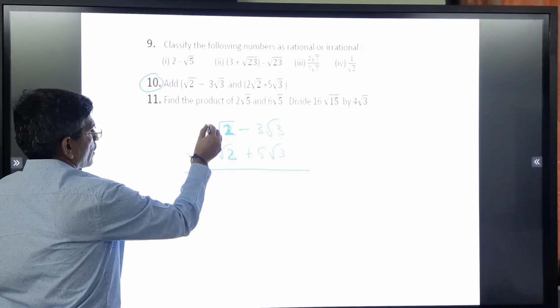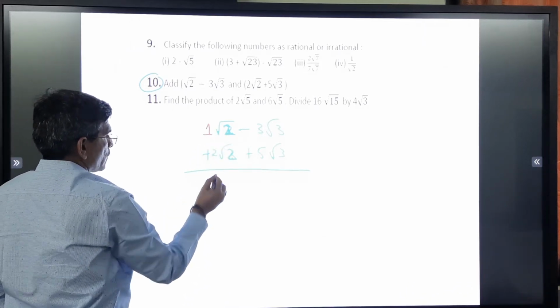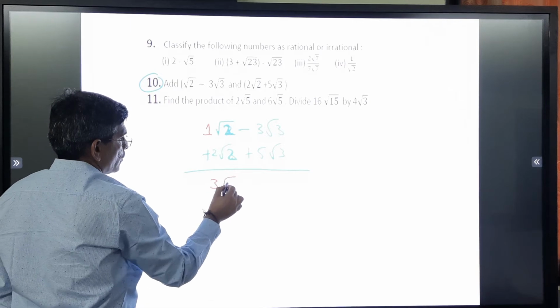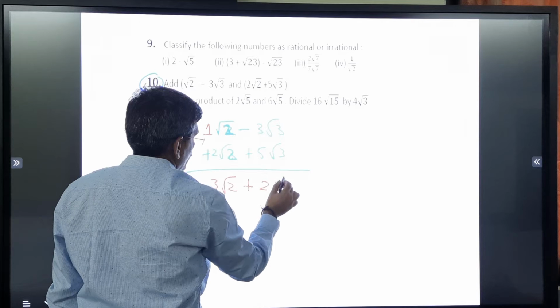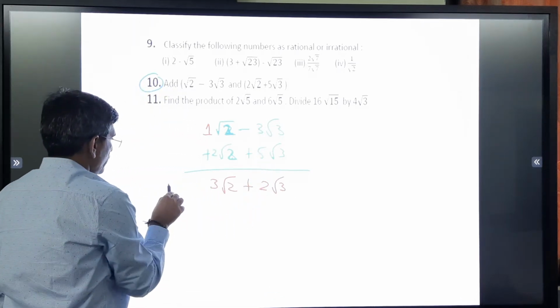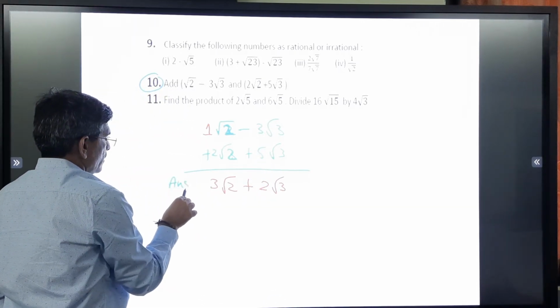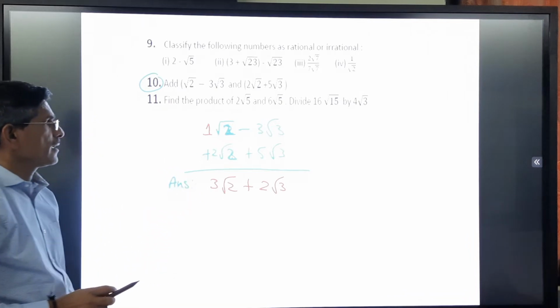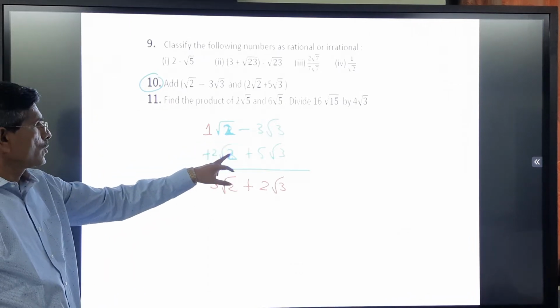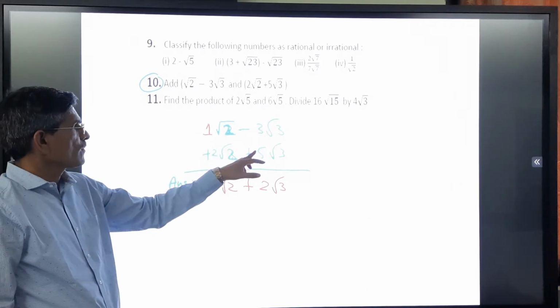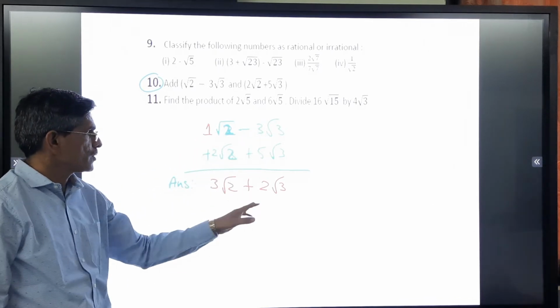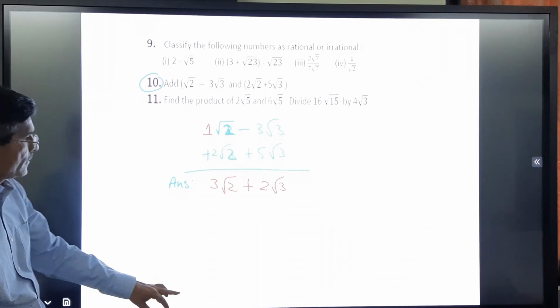So 2 plus 1, that is 3 root 2, plus 5 minus 3, that is 2 root 3. That is my answer. So for the irrational number root 2, we have to keep root 2 as it is. 1 plus 2 is 3, plus 5 minus 3 is plus 2, root 3 as it is.